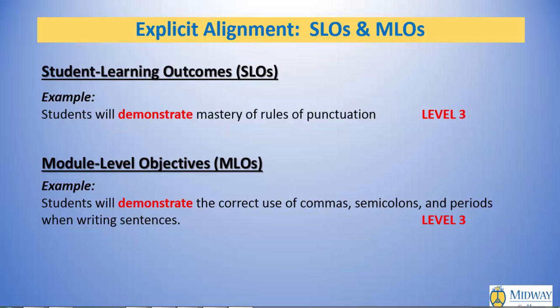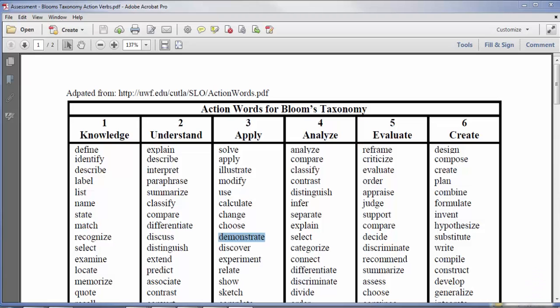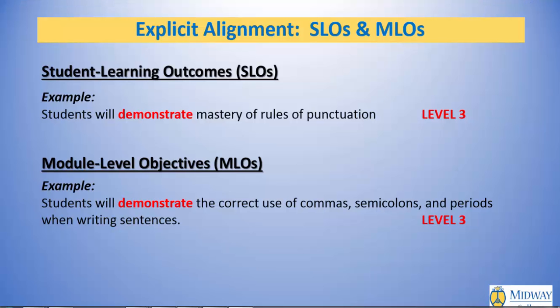This first example demonstrates an explicit alignment between SLOs and MLOs. As you can see, both words, demonstrate, are at a level 3 on the Bloom's taxonomy chart. And you can see that here. Underneath level 3 is the word demonstrate. Because they are both at a level 3 on Bloom's taxonomy chart, you know that they are aligned.